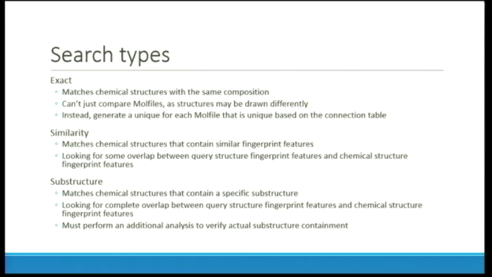And so then what you're looking for is a complete overlap between the features of your input molecule and the features that are indexed within the index. But it turns out that only generates a potential match list, because to determine if something really is a substructure, you actually have to do an analysis. And so Indigo basically provides that capability. Once you've identified your potential result set for substructure searches, then you can use Indigo to confirm that.